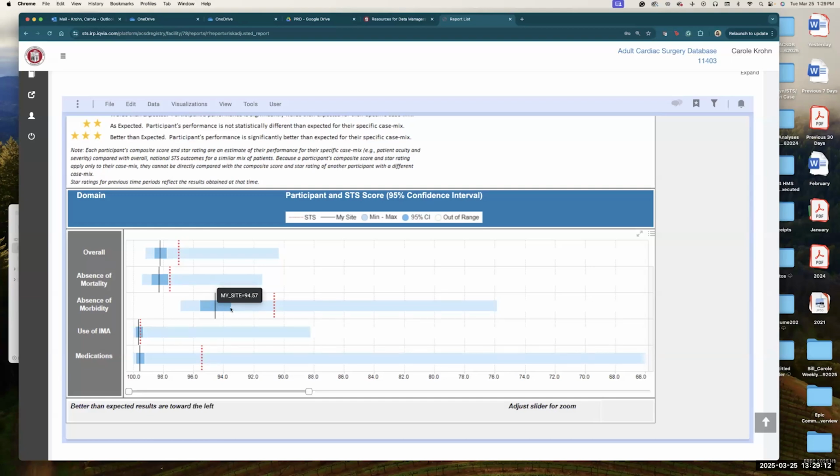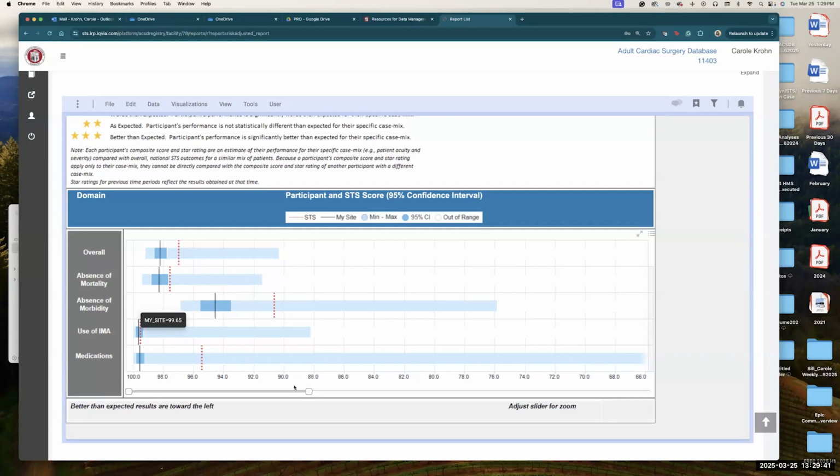But the lower end of the site's confidence interval is higher than what the STS's score is. So the STS score is lower than the lowest possible score that the site could receive. So the site's statistically performing better than the STS.